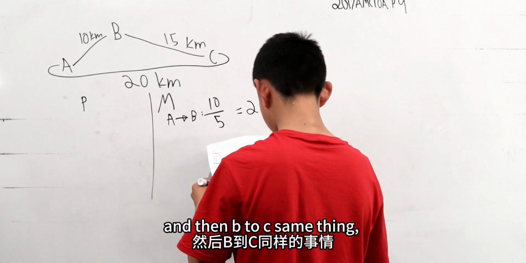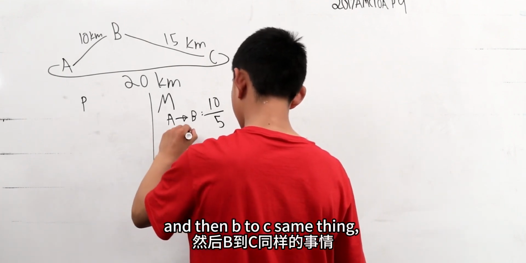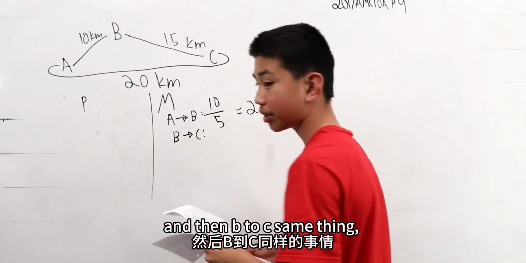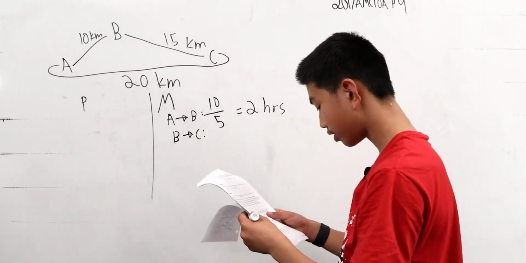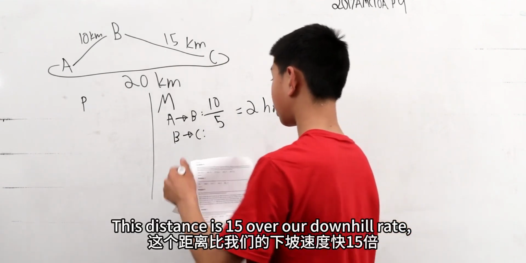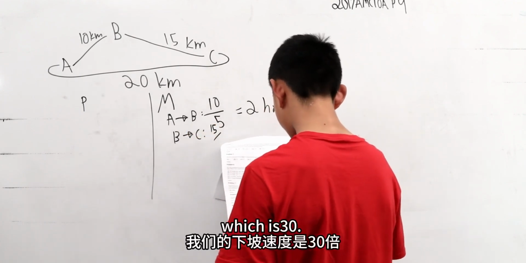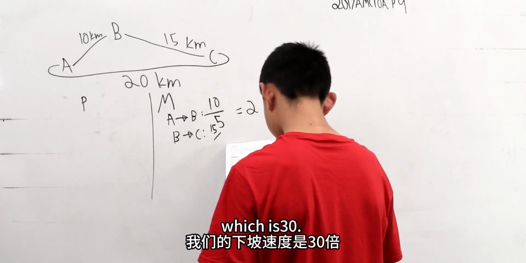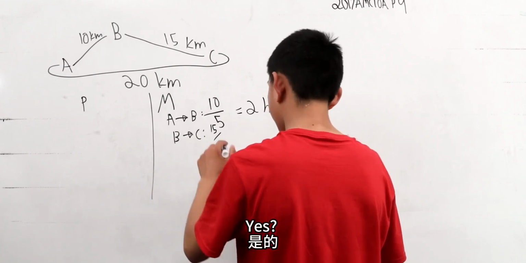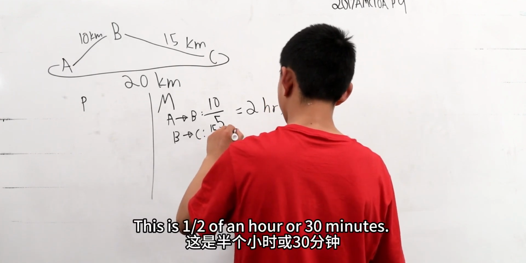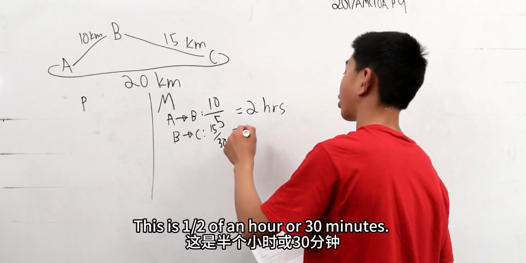And then B to C. Same thing, distance over rate. This distance is 15 over our downhill rate, which is 30. So this is 1/2 of an hour, or 30 minutes.